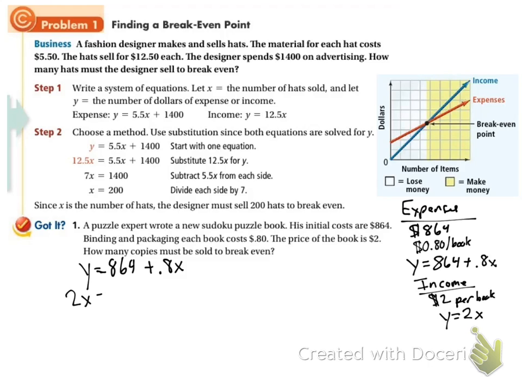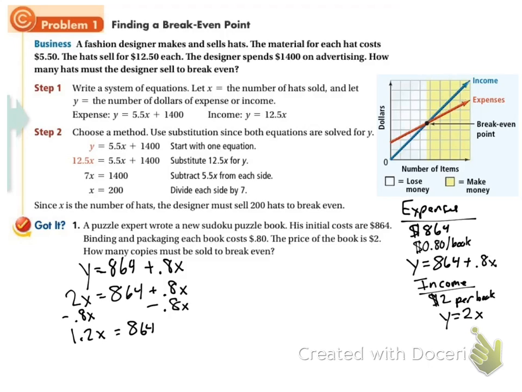So I get 2x is equal to 864 plus 0.8x. And I'm going to solve it. So I'm going to subtract 0.8x from both sides. I get 1.2x is equal to 864.